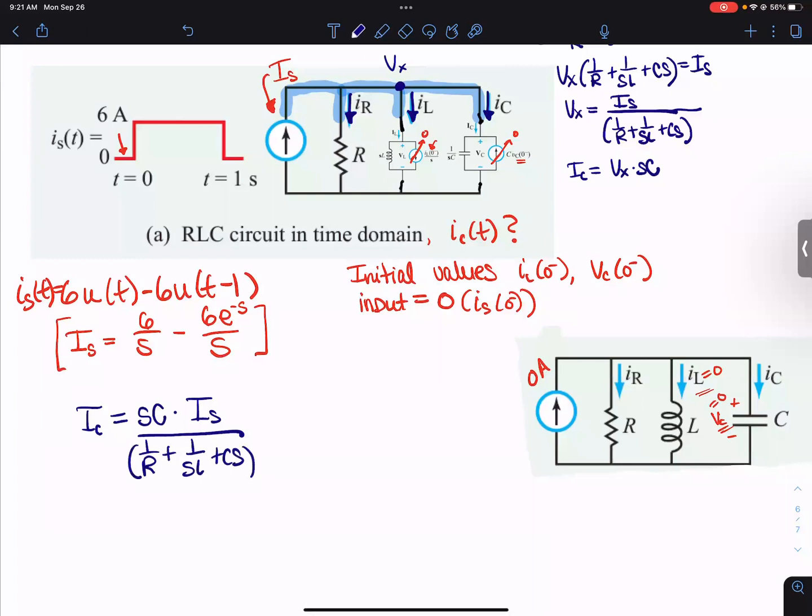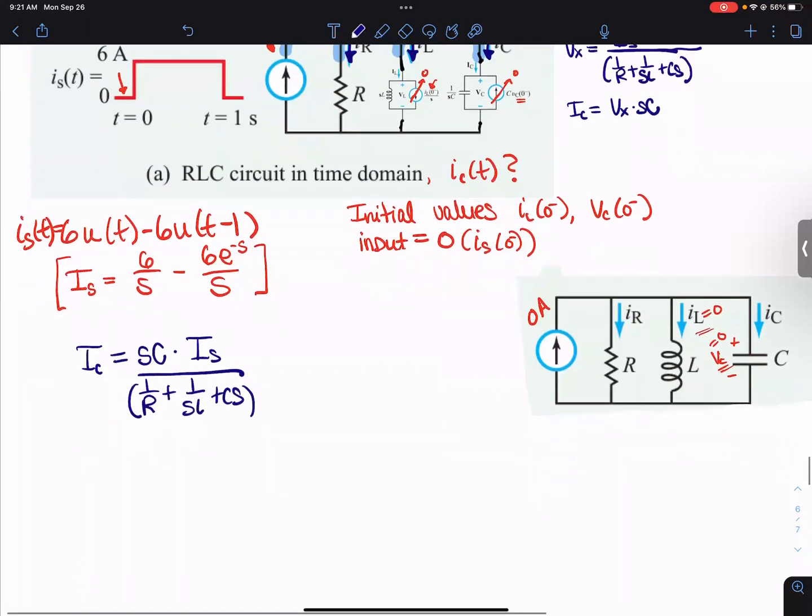So now I need to put in the IS, and I also want to get this form into just an S squared by itself. So how do I manipulate this mathematically to get just an S squared instead of the CS, 1 over SL?